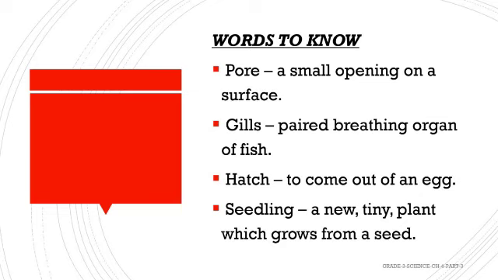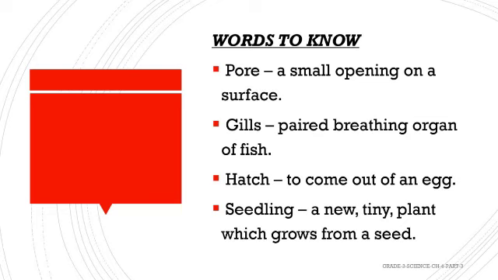Gills are the organs which are found in fish which help them to breathe. Then the third word is hatch, which means to come out of an egg. So the chick comes out of the egg, which is known as hatch. And the last word is seedling, a new tiny plant which grows from a seed. So when we sow a seed, it will first convert into a seedling, that is a tiny new plant.